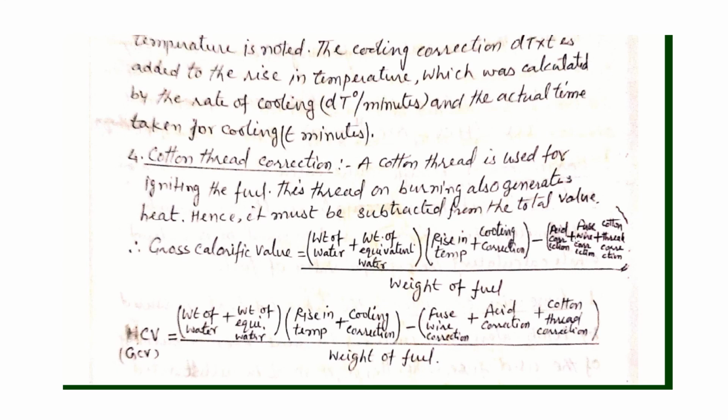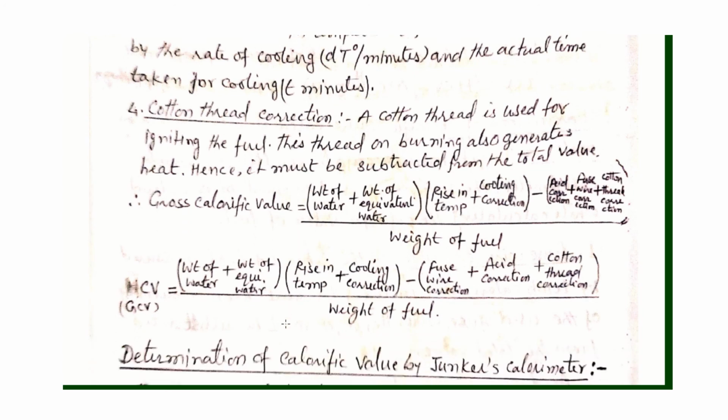Now here we have to subtract the acid correction plus fuse wire correction plus cotton thread correction, upon the weight of the fuel sample. So by keeping the values of acid correction, fuse wire correction, cotton thread correction, and cooling correction, we can exactly find the gross calorific value of the given fuel sample.